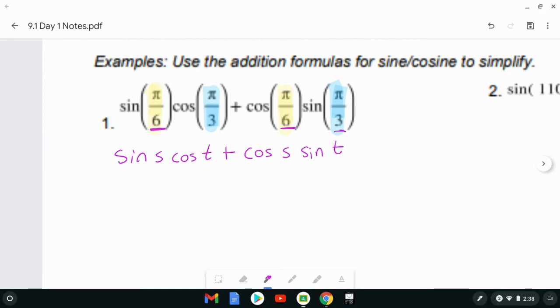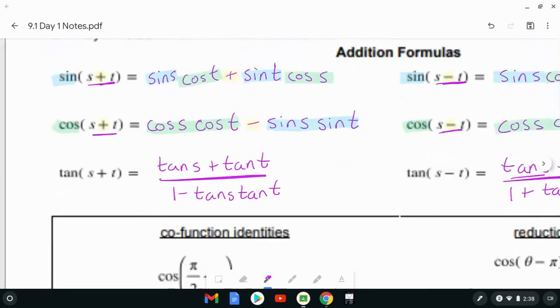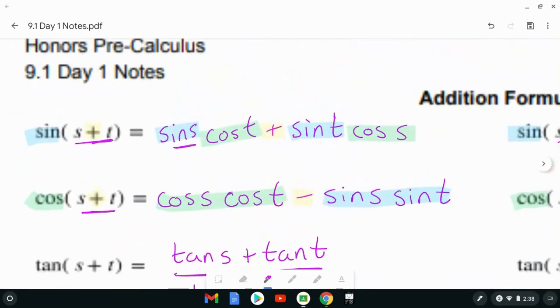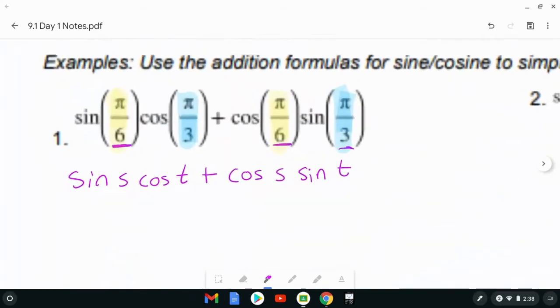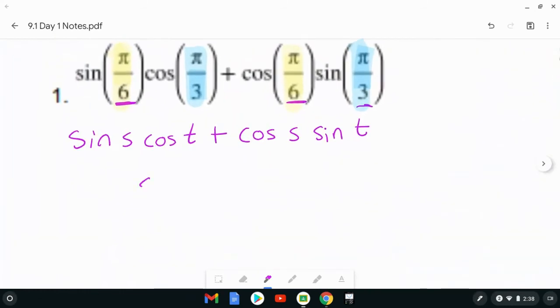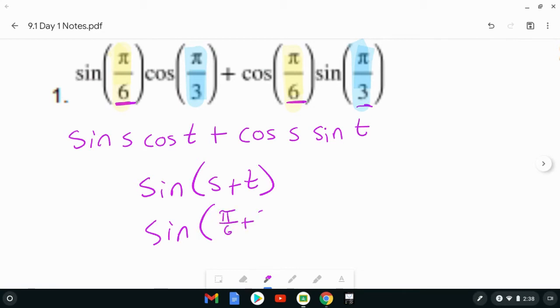We know that is equivalent to sine of s plus t. That's our addition formula identity. So what we can do is apply this formula and say that this whole thing is equal to sine of s plus t, and then plug in those two angles that we have. So that's sine of pi over 6 plus pi over 3.